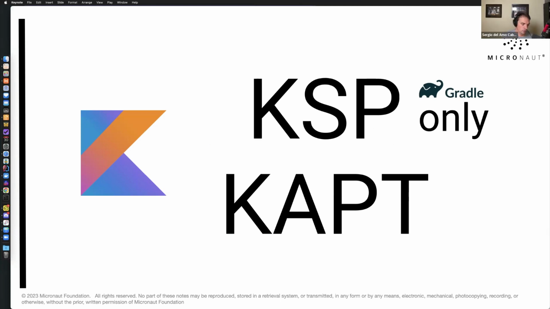When you go to Micronaut Launch or use the CLI and select Gradle, we now default to KSP to power our Kotlin integration. If you use Maven, we will default to KAPT. If you want to use KAPT with Gradle, that's still possible. But actually, what's KSP, Graham?